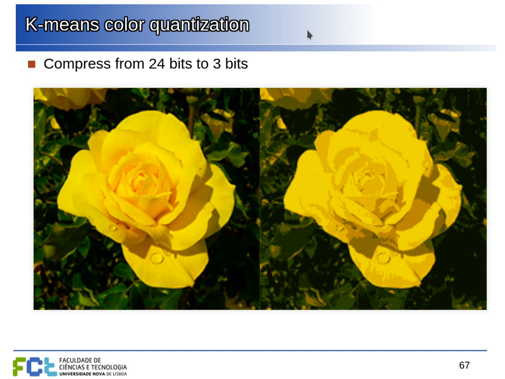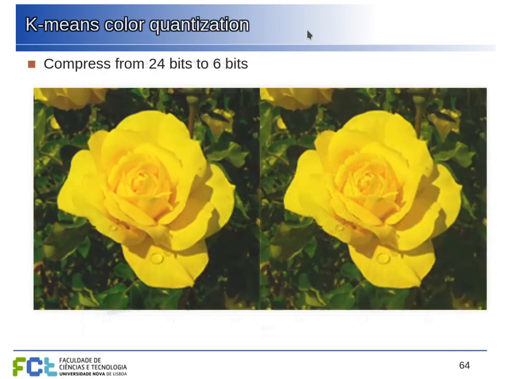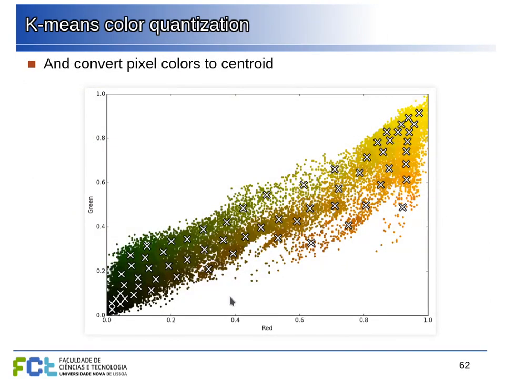But this is just an example of how you can use k-means to find a smaller subset of representatives of some continuous values that you have, so that you can compress the data in a meaningful way. The interesting part here is that the distribution of the centroids follows the distribution of the data. It's sparser here where the points are farther apart, and more concentrated in the regions where we have a larger concentration of points.